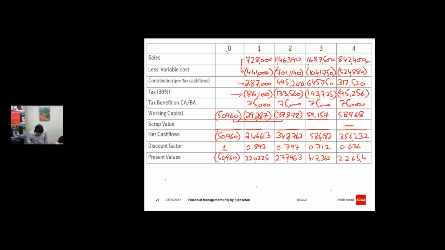And okay, now sum all these figures, add these four and subtract 50960, and tell me what's the value.